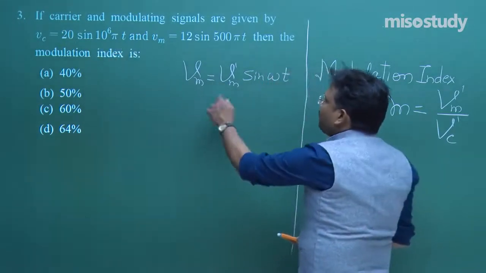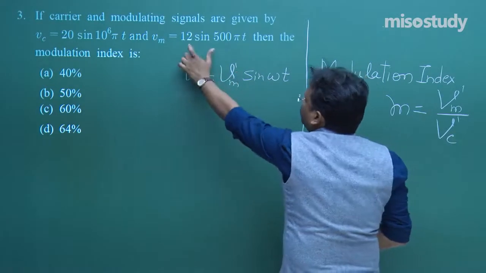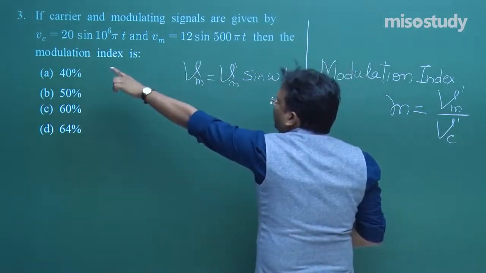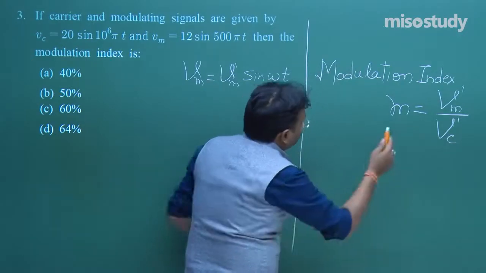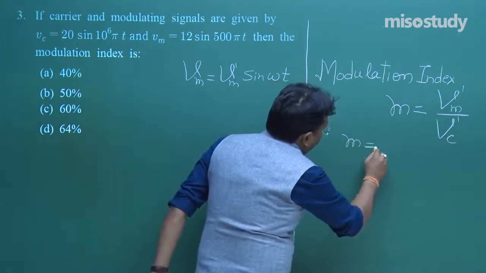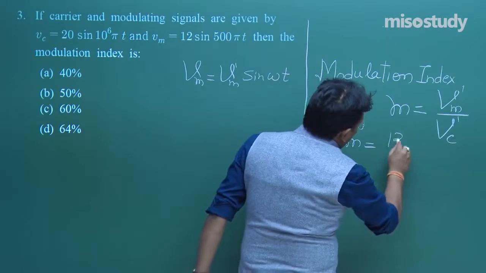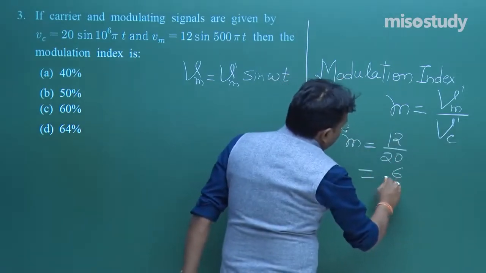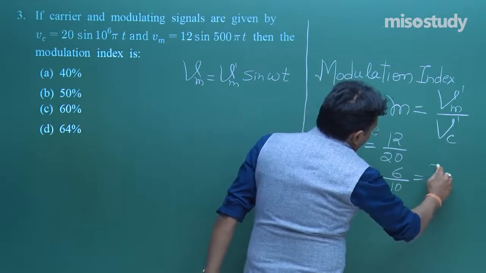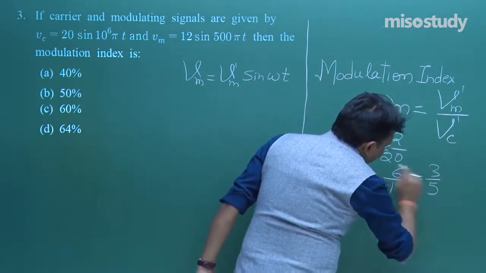So, now Vm prime is 12, and over here Vc prime is equal to 20. So, what I am supposed to do, I will use it as 12 upon 20, that will give me 6 by 10 or 3 by 5.